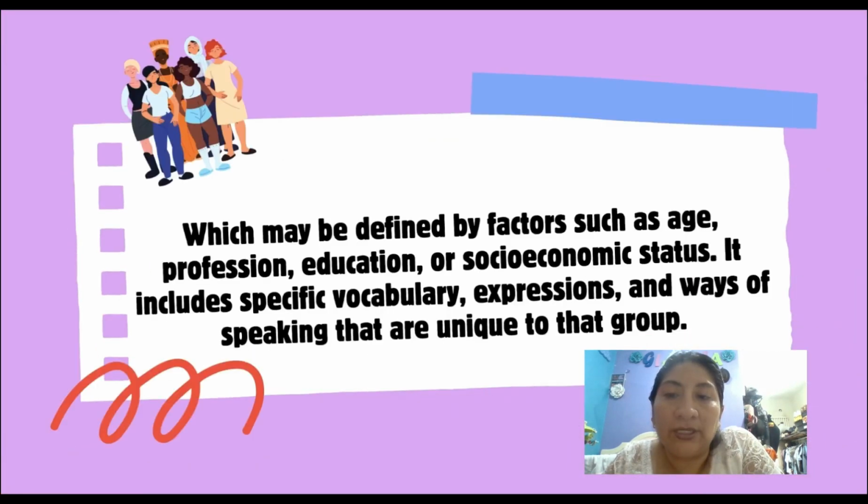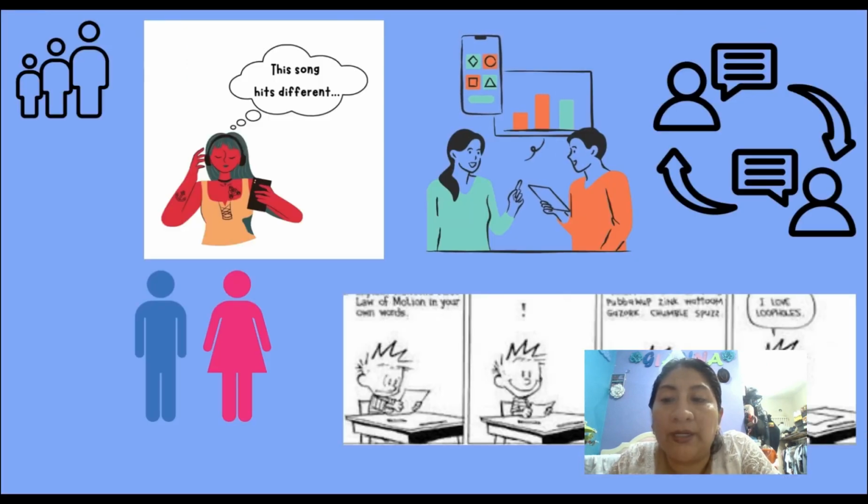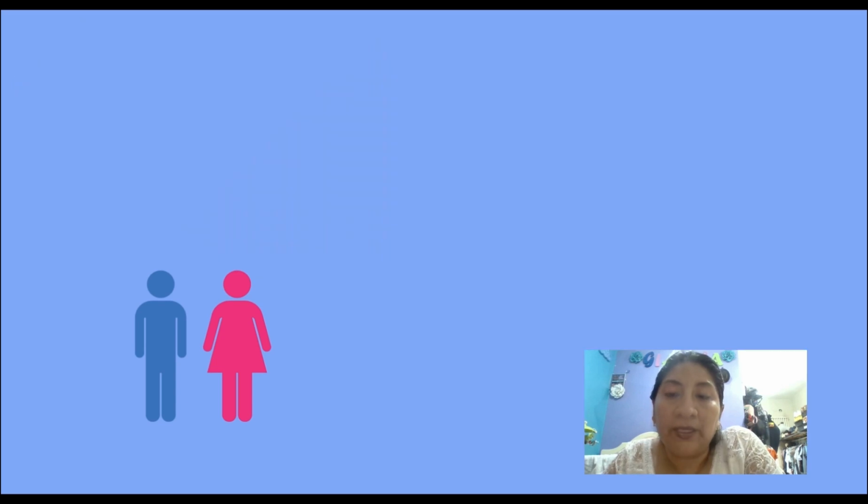Simply put, a sociolect is a way of speaking that is characteristic of a particular social group. These groups can be defined by factors like age, social class, occupation, or even shared interests. The variable part refers to the specific language features, like vocabulary, pronunciation, or grammar, that change depending on which group someone belongs to.